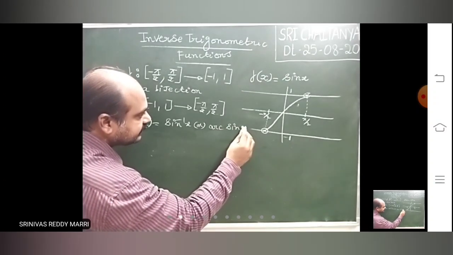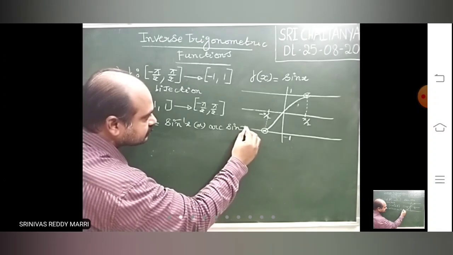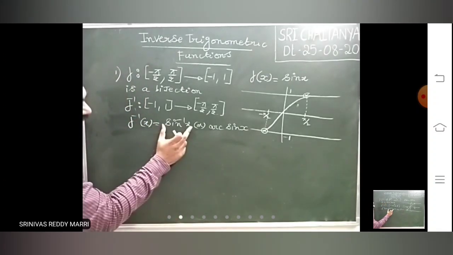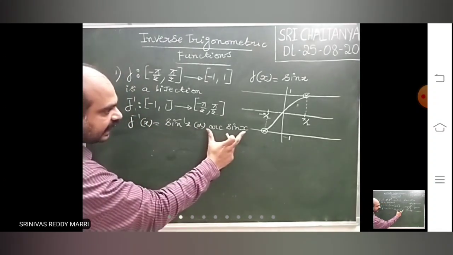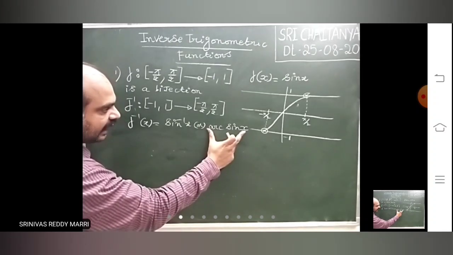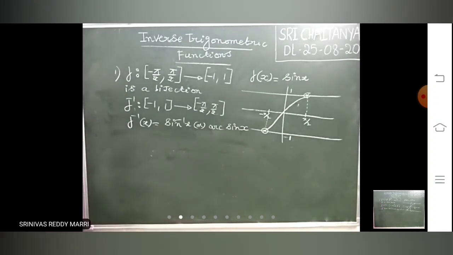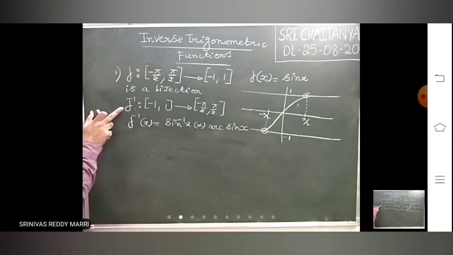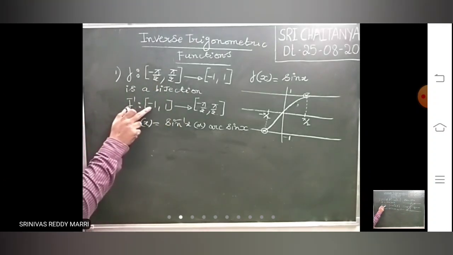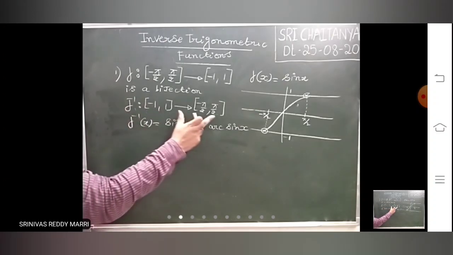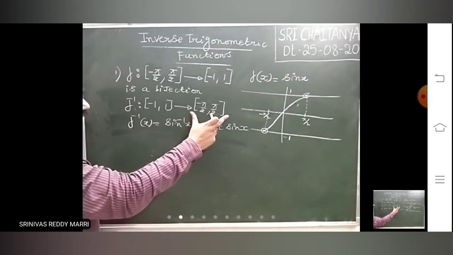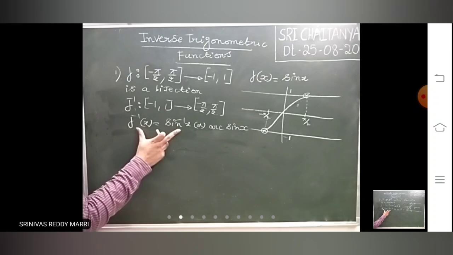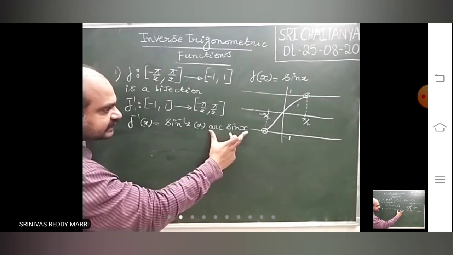It is also denoted like this: sine inverse x or arc sine x. That means if this is a bijection, then I will define a function f inverse from minus 1 to 1 to minus pi by 2 comma pi by 2, denoted by f inverse x equal to sine inverse x or arc sine x.